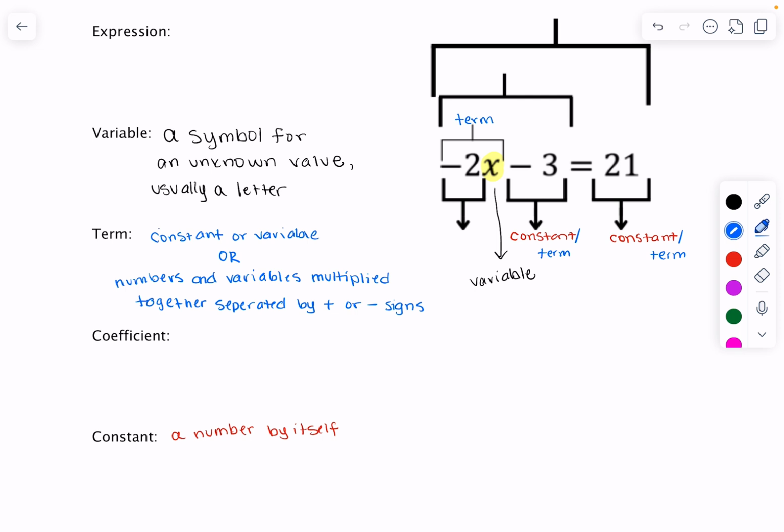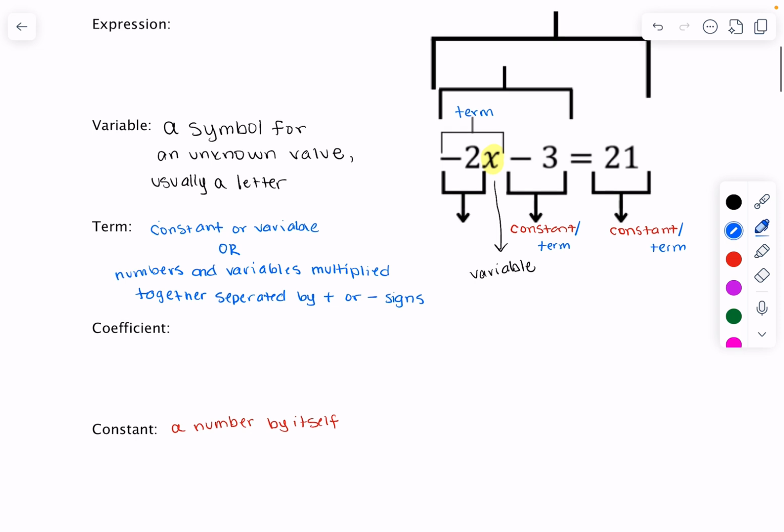The next one I want to talk about is a coefficient. A coefficient is that number used to multiply a variable.